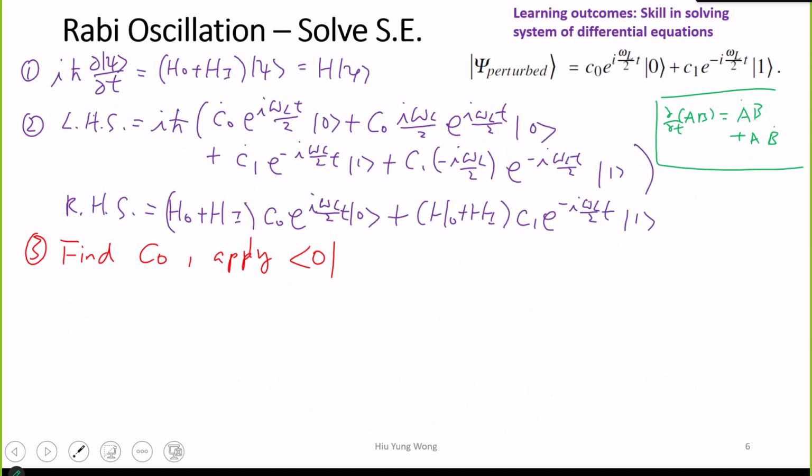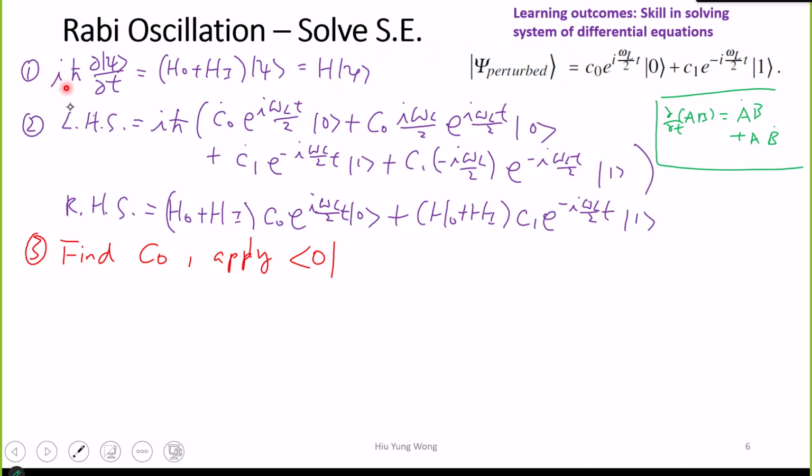So we write down the Schrödinger equation again. This is where we stopped last time. i ħ partial psi partial t equals the total Hamiltonian times the wave function. I substitute the total energy by H0 plus H1. Now I'm going to plug in the wave function, the one when I add H1.